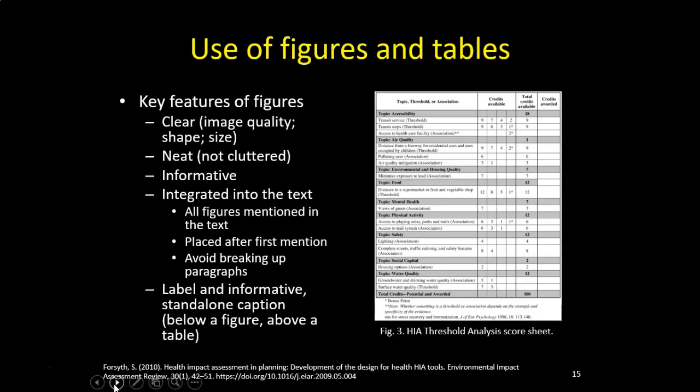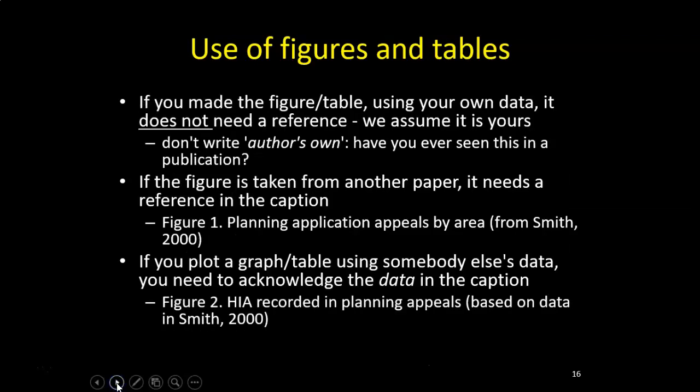Here's another example of a table of data, and you can see underneath it the figure caption, Figure 3, HIA, Health Impact Assessment Threshold Analysis Score Sheet. And this area at the bottom here, you can see this is the reference that it's referring to. So that's the source of the information. If you have made the figure or the table using your own data, it doesn't need a reference.